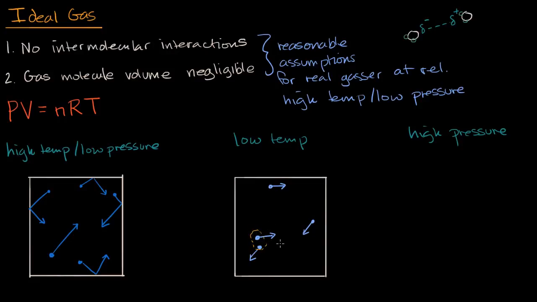And so if attractive forces are starting to come into play, do you think, holding the volume constant and holding the temperature constant at this low temperature and holding the number of molecules constant, that a real gas at a low temperature would have a lower pressure or a higher pressure than an ideal gas? I encourage you to pause the video and think about it.